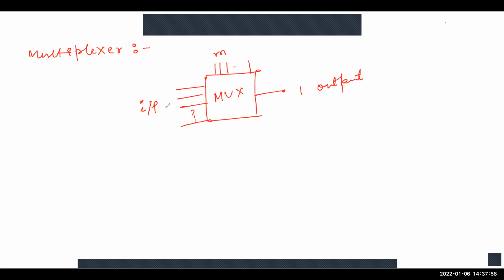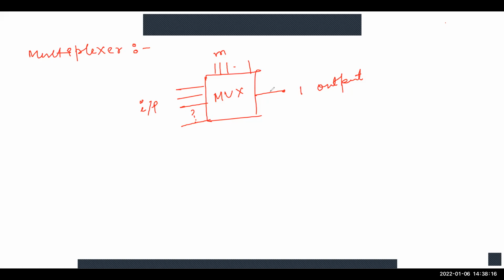This is the multiplexer or MUX. The multiplexer is always called the data collector, because it selects one of the many inputs and steers the information into the output.